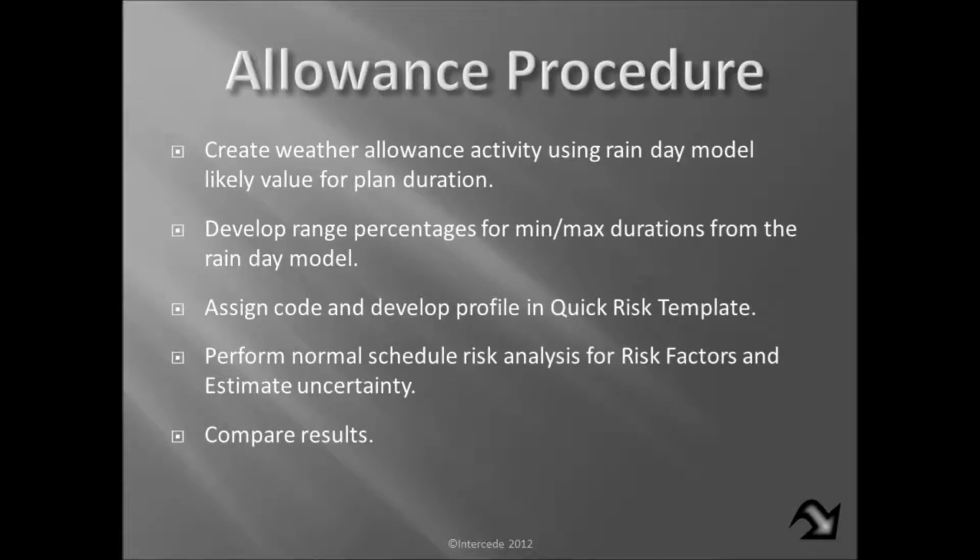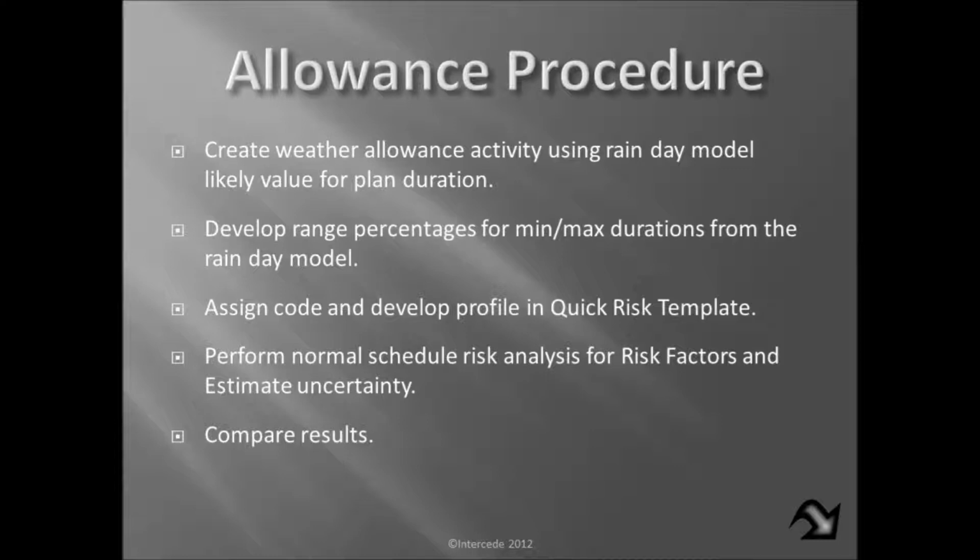We're going to create a weather allowance activity, and this is done several times. In this particular case, we're going to use the rain day model for the likely value for the planned duration. Then we're going to develop range percentages for the min-max durations from that same rain day model. This is because I'm going to try to use the QuickRisk template just to keep things coherent, and again, to simplify the whole thing.